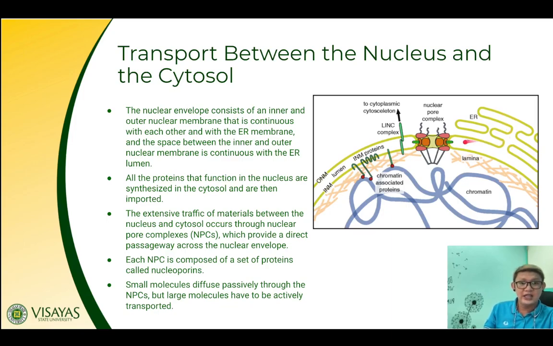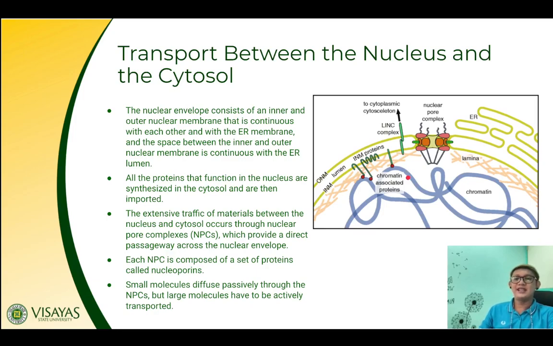So actually, the outer nuclear membrane is continuous with the membrane of the endoplasmic reticulum. All the proteins that function in the nucleus are synthesized in the cytosol and are then imported.